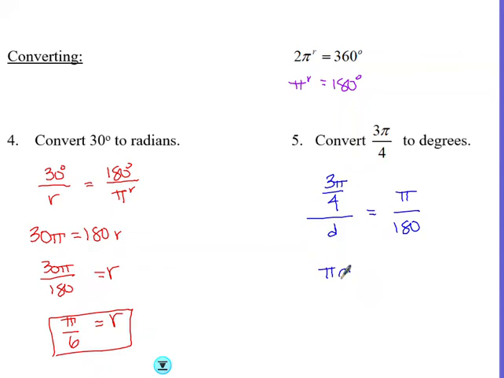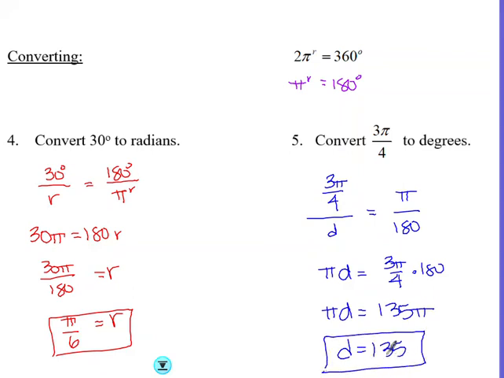So I get pi d equals 3 pi over 4 times 180. And this can be simplified. I end up with pi d equals 135 pi. If I divide both sides by pi, I end up with 135 degrees. So this means that 3 pi over 4 is the same as 135 degrees.